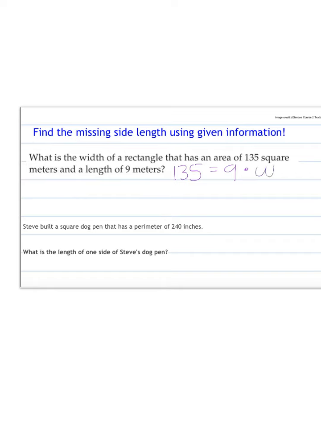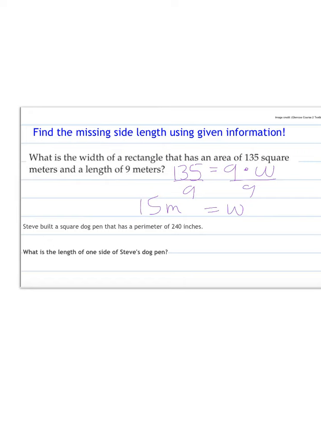To isolate the variable, we divide each side by whatever it's being multiplied by. So divide by 9. 135 divided by 9: the width equals 15 meters.